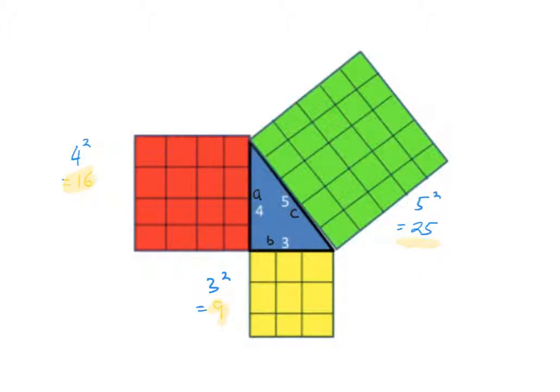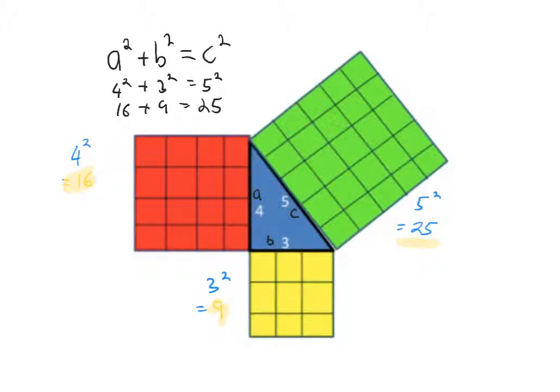So based on this information, I can say that side A squared plus side B squared is equal to side C squared. And I know that because 4 squared plus 3 squared is equal to 5 squared, or 16 plus 9 is equal to 25. So this forms the basis of Pythagoras theory.